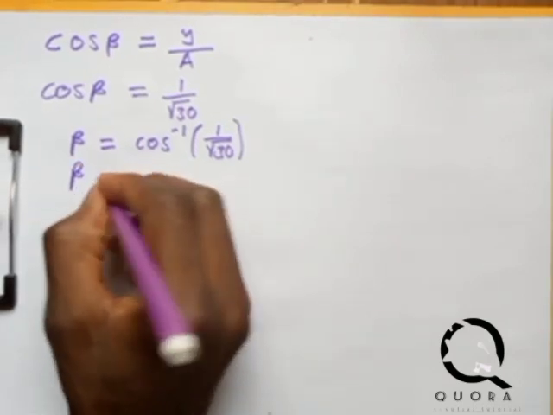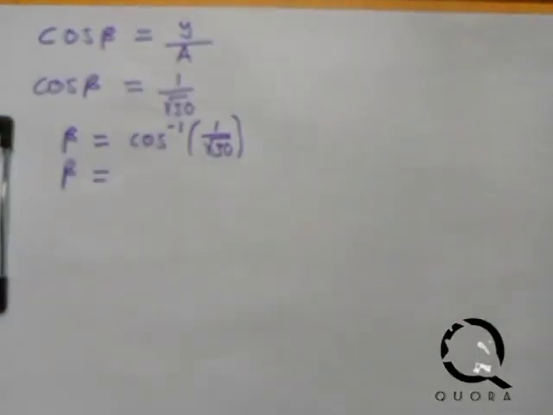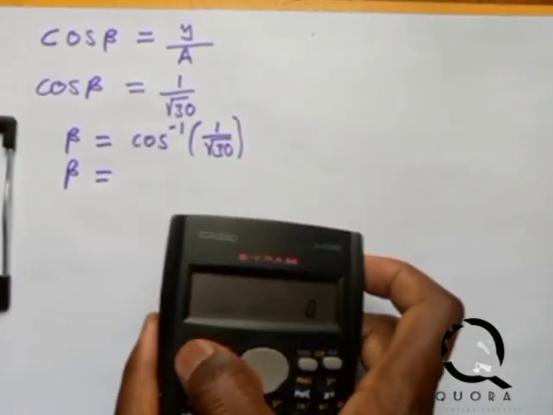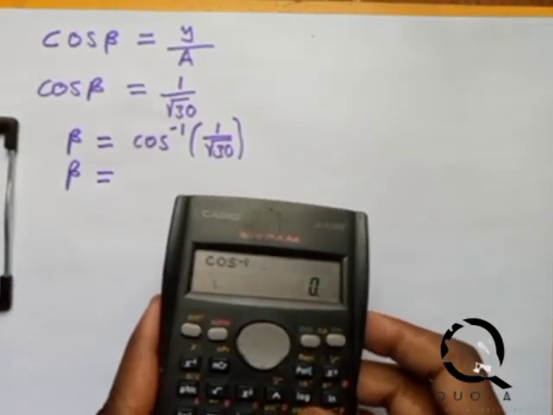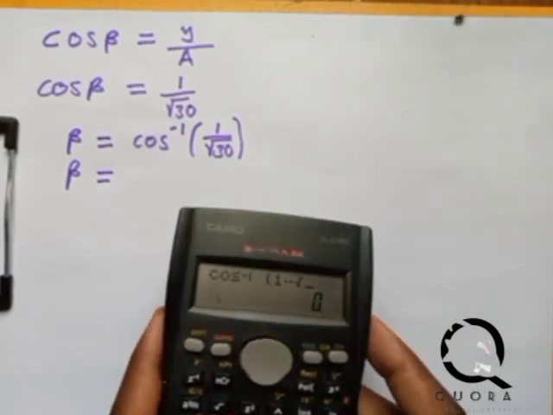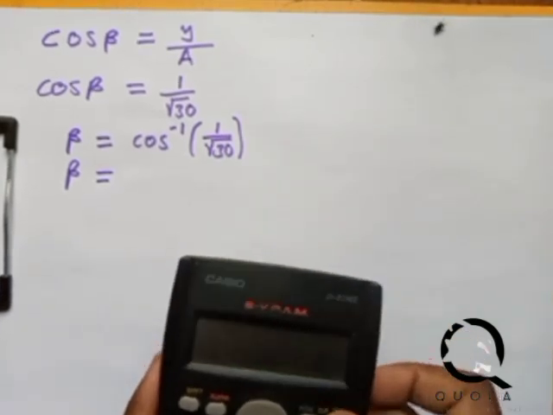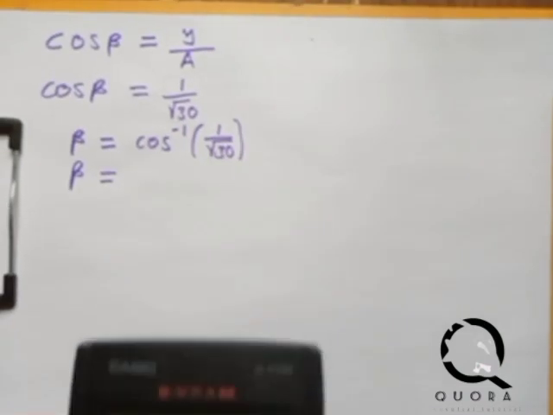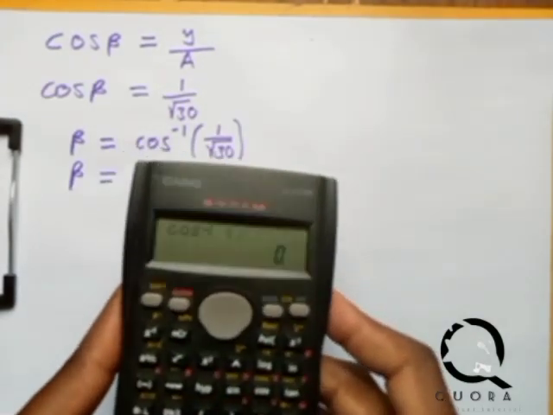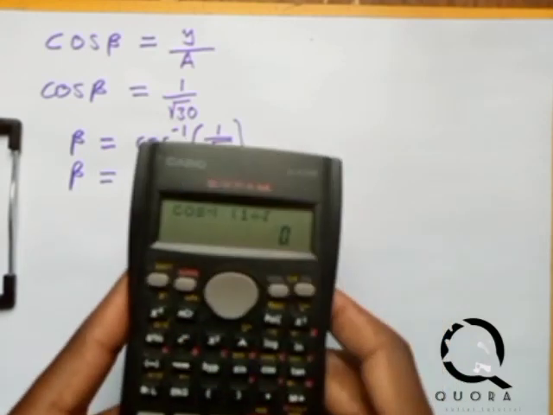So beta is going to be equal to, I'll just say shift cos inverse of 1 divided by square root of 30.